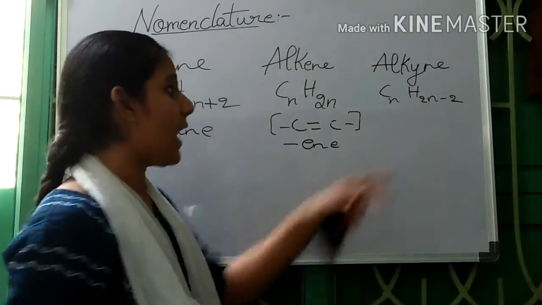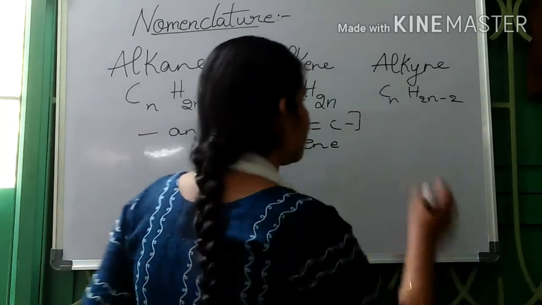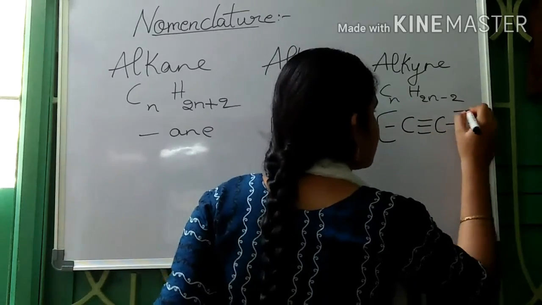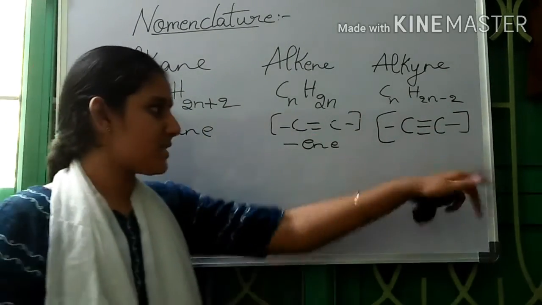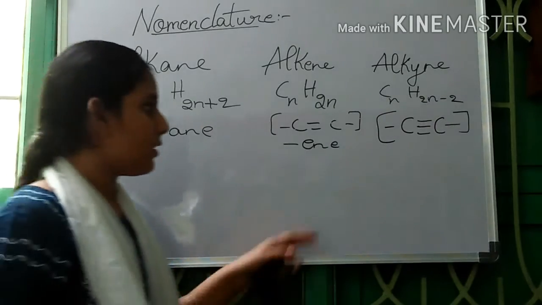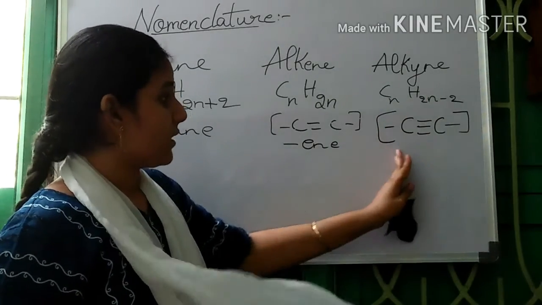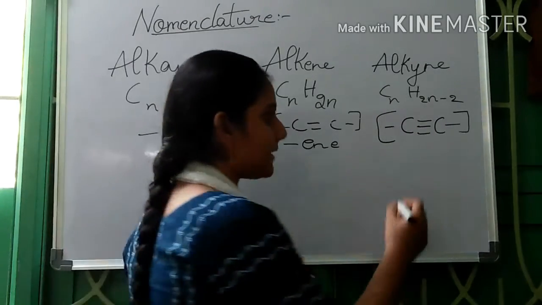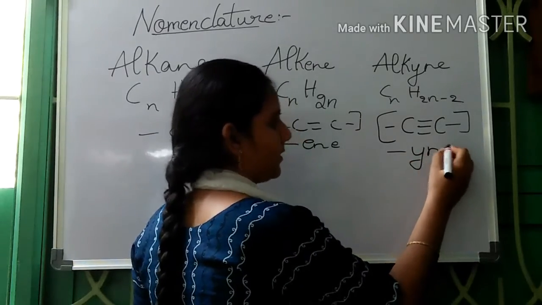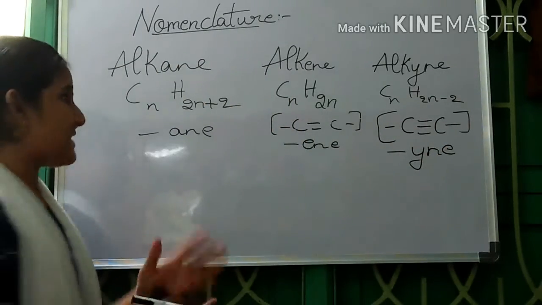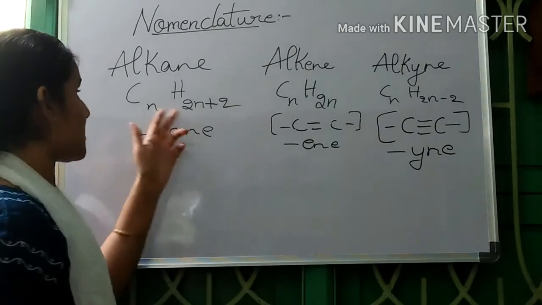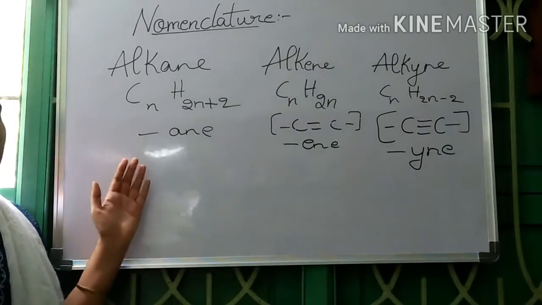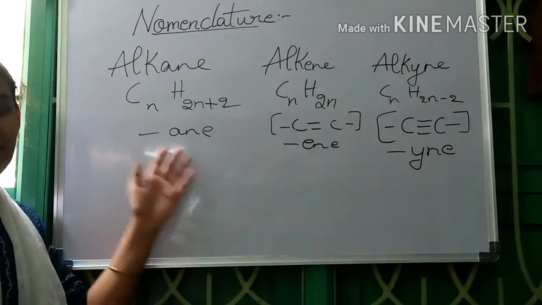If the carbon chain contains a triple bond, C triple bond C, and the other valency is satisfied by any other element like hydrogen, then it must be given a suffix of yne, Y-N-E. If the carbon chain is an alkane, following CnH2n plus 2, it can be given the suffix ane.